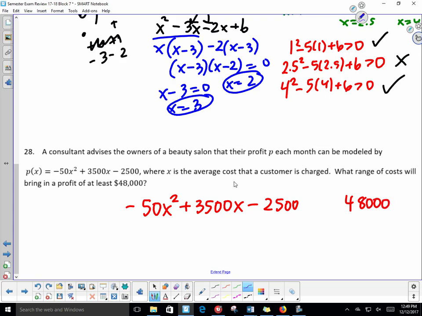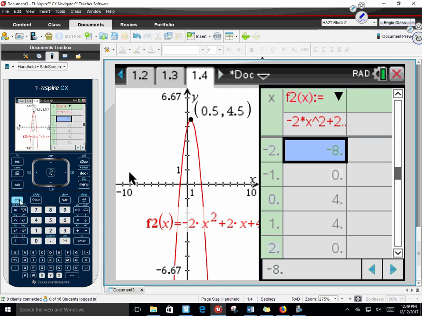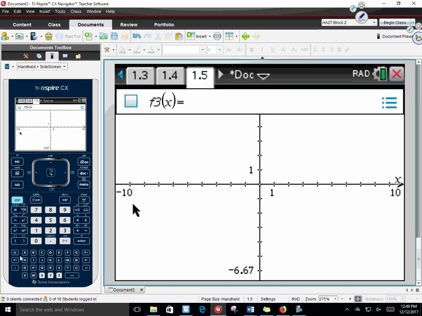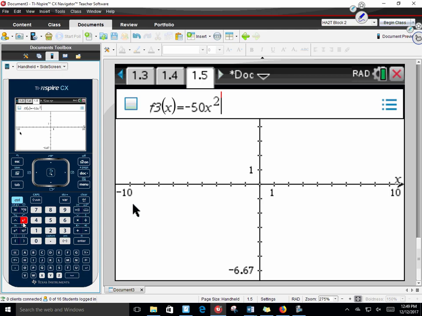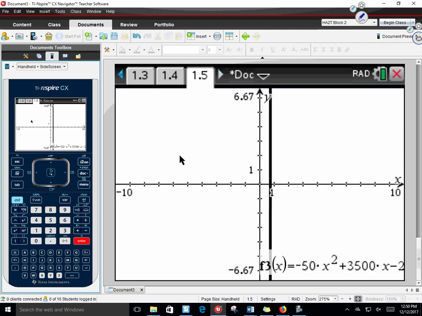Jimmy? All right. It does not say to solve algebraically, so can we graph that first equation? So on a graph page, we're going to graph negative 50x squared plus 3500x minus 2500. And I don't care what the picture looks like, I want to look at the table.